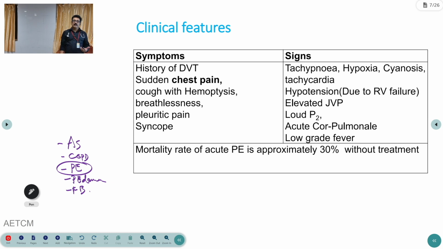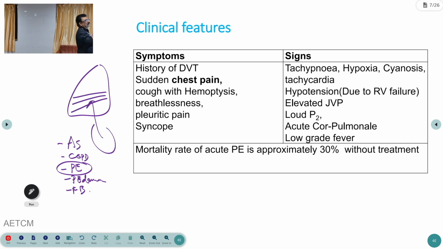They also can have hypotension because if there is an obstruction in the lungs, blood is pumped from the right ventricle and there is complete obstruction there, in a large pulmonary embolism. From there it has to go to the left ventricle, and only from the left ventricle will further pumping occur to the systemic circulation. So if there is an obstruction in the pulmonary circulation, the patient can have hypotension, shock, all these things.